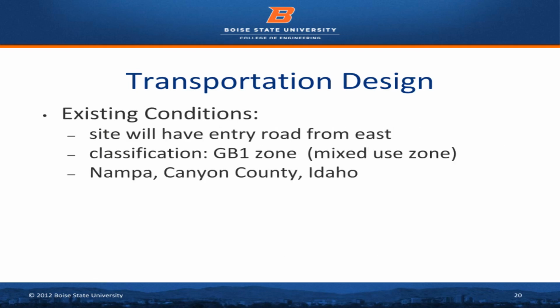The existing conditions at the work site in Nampa were minimal. There is a roadway on the east side of the property. This site is located in a GB1 zone, which means that it can be industrial or commercial use.